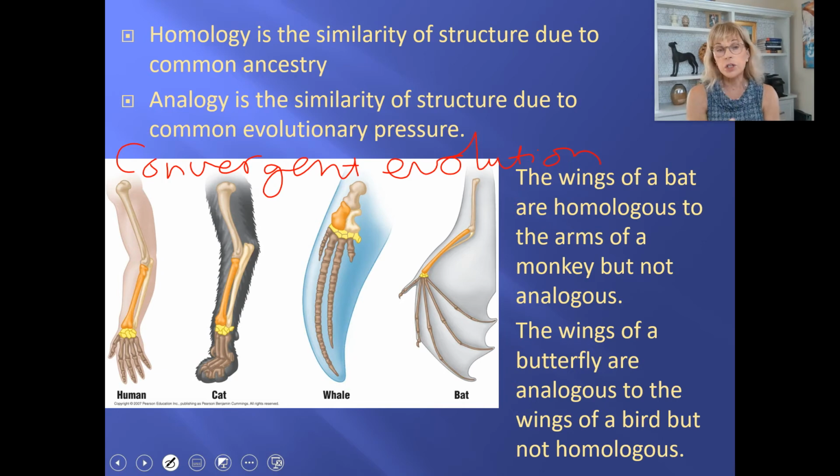When things look alike, but they are not related to each other at all, really, then the reason that they have that trait in common is because they were responding to the same natural selection pressures.